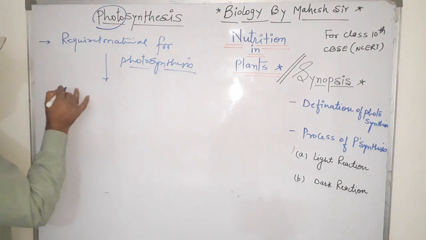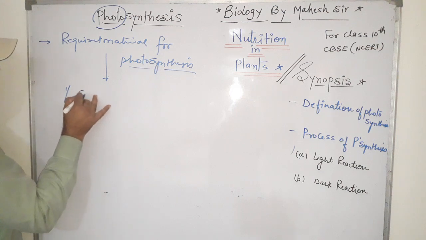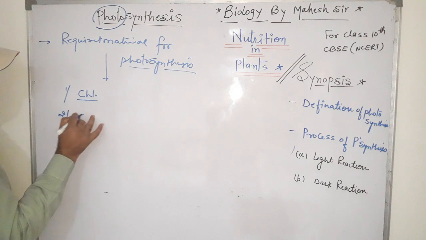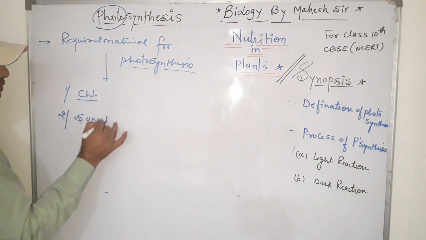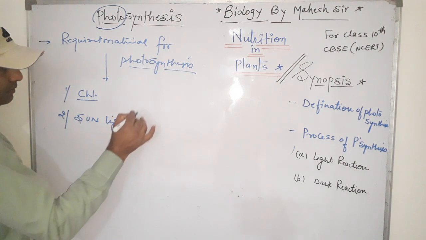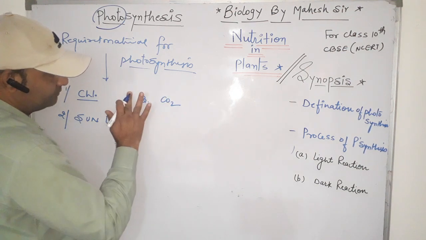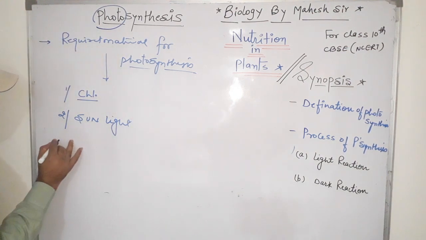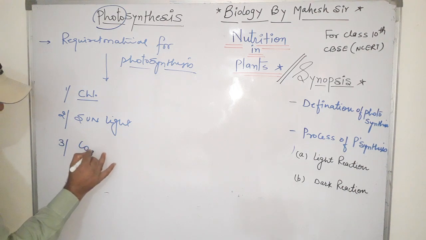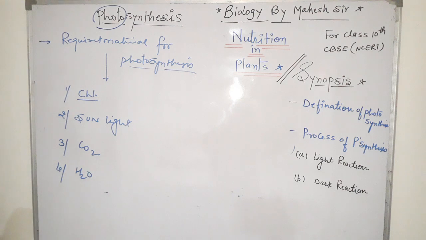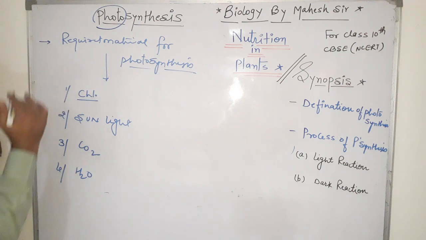Required materials: first essential is chlorophyll, second is solar radiation or sunlight, third is carbon dioxide, and fourth is water. So these are the four sources required during the formation of food, or in photosynthesis.